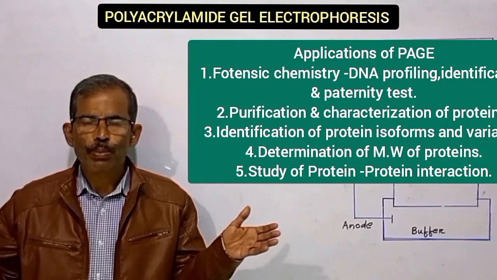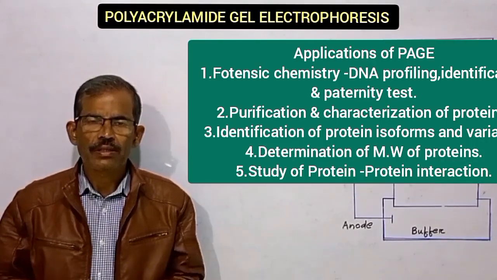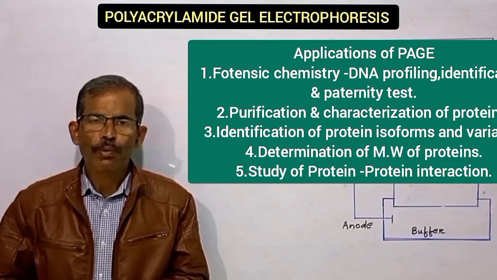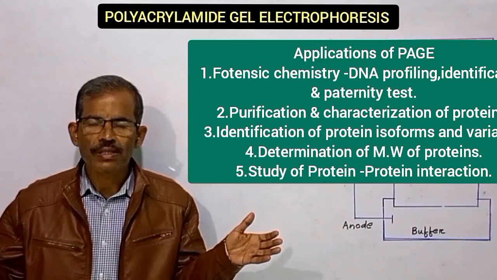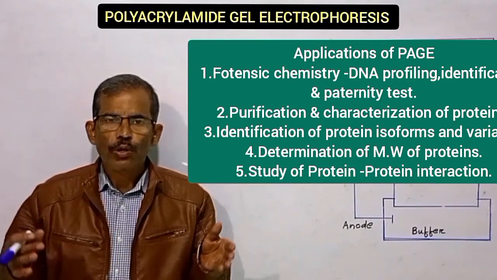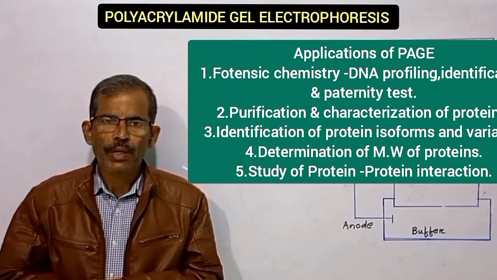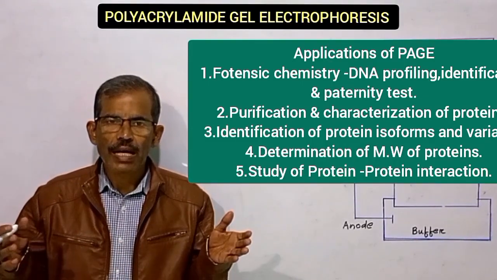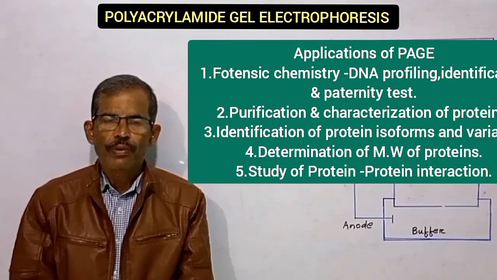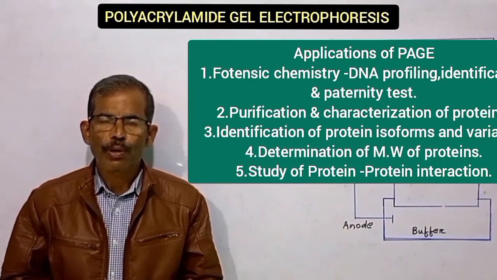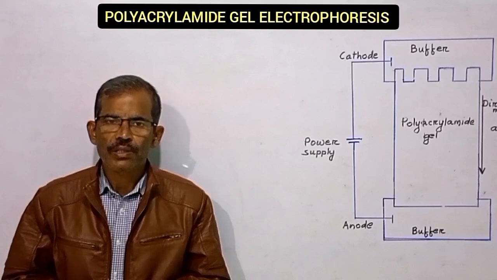One of the most important applications is the determination of molecular weight of proteins. Finally, it is also used to detect and quantify protein contaminants in foods and pharmaceuticals. Friends, this is all about polyacrylamide gel electrophoresis.